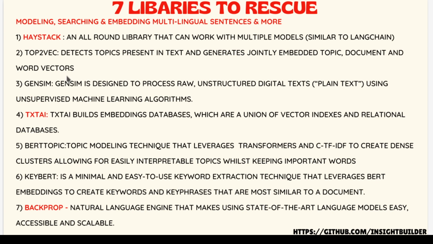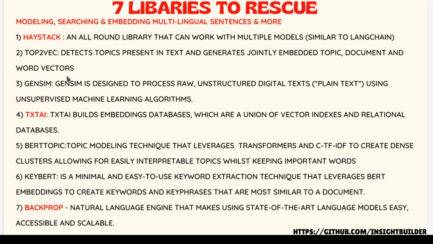Next is Top2Vec. Top2Vec is a topic to vector library. This particular Python module will take the text that you give, find out the topic, and also generate the vectors based on that topic.